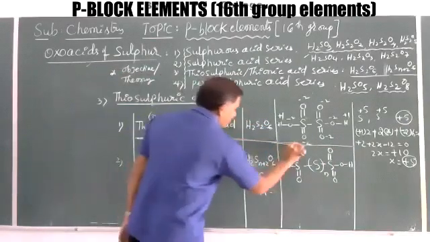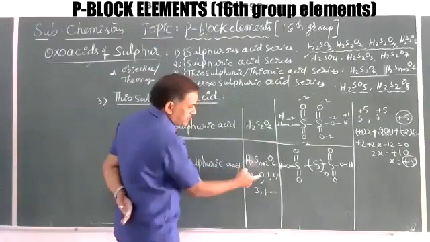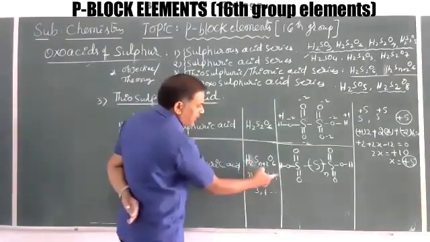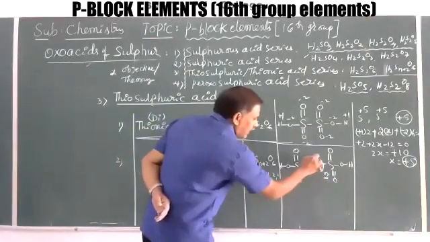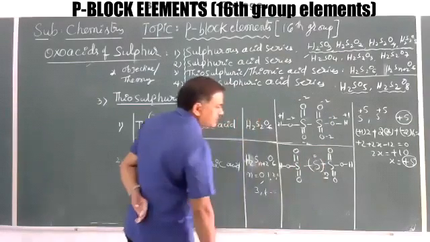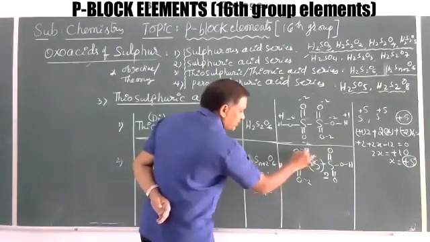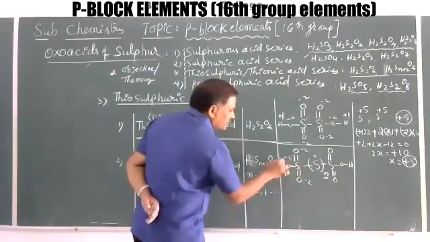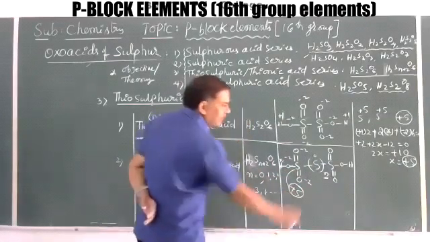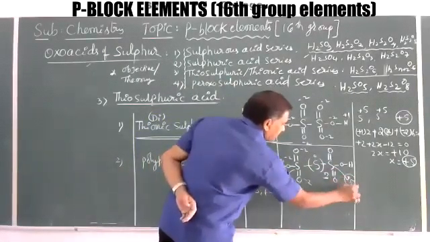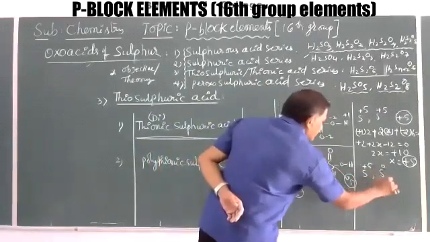Under polythionic acid, N is the number of sulfur atoms, like 0, 1, 2, 3 and so on. For example, take N as 0. For this, we take -2, -2, -2, hydrogen is +1, that's why for this the oxidation state is +5. Same here, +5 average oxidation state. So it shows the +5 and 0 oxidation states.